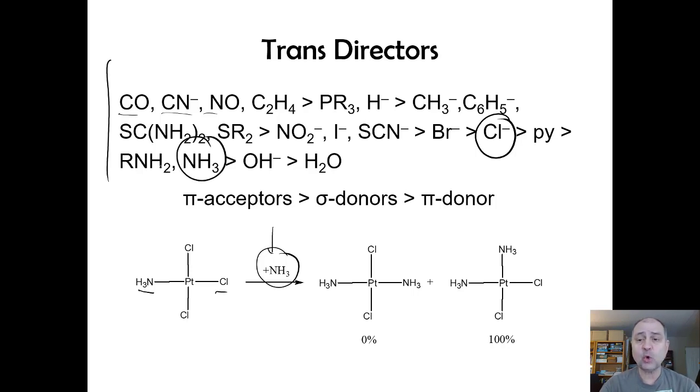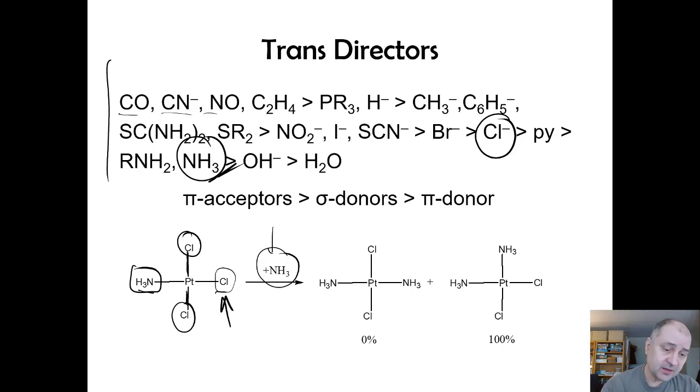This means that the chloro is the stronger trans director. So the amine is only going to substitute trans to the chloro ligands, right? So it's either going to substitute here or here, but never here, because the amine is weaker than the chloro ligand. And again, it has nothing to do with the fact that this is the chloro ligand and stronger. It has something to do with the ligands that are staying on.